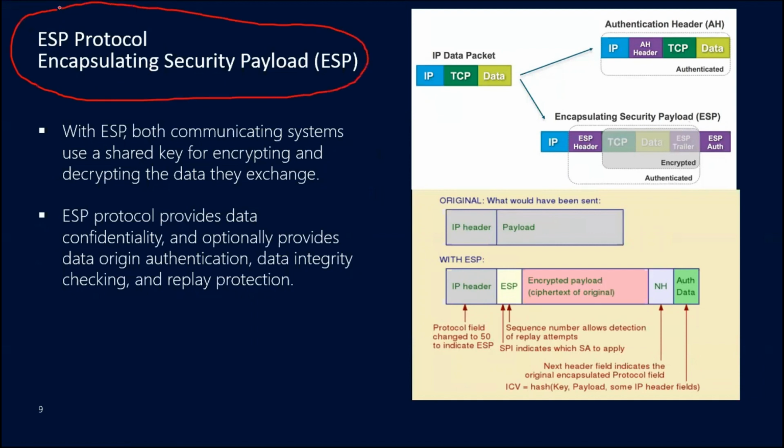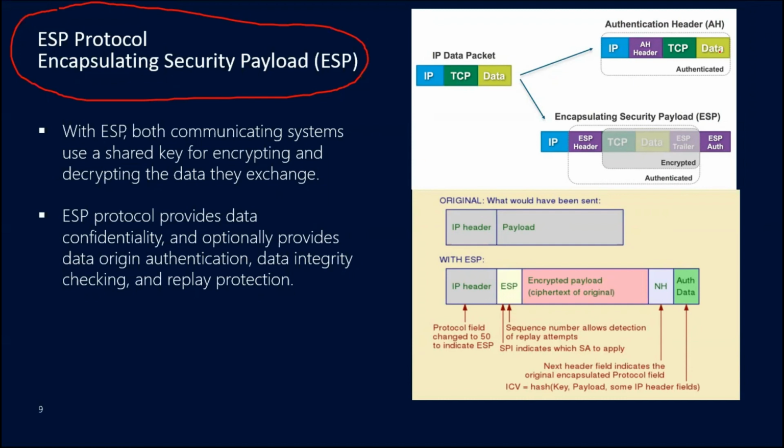In ESP, we provide data confidentiality, data integrity, and data authentication to our data. That's why we are not using AH nowadays. It is already superseded by the ESP protocol, because in ESP both authentication and encryption are there.